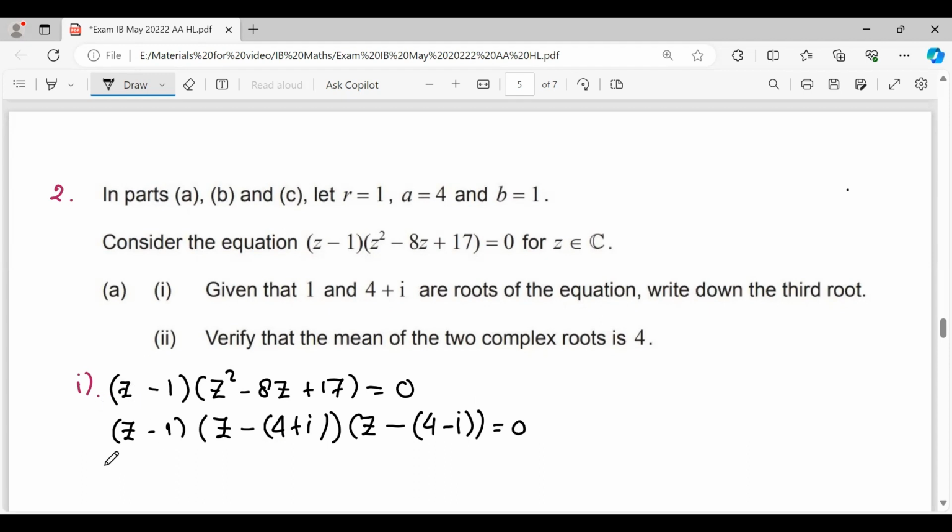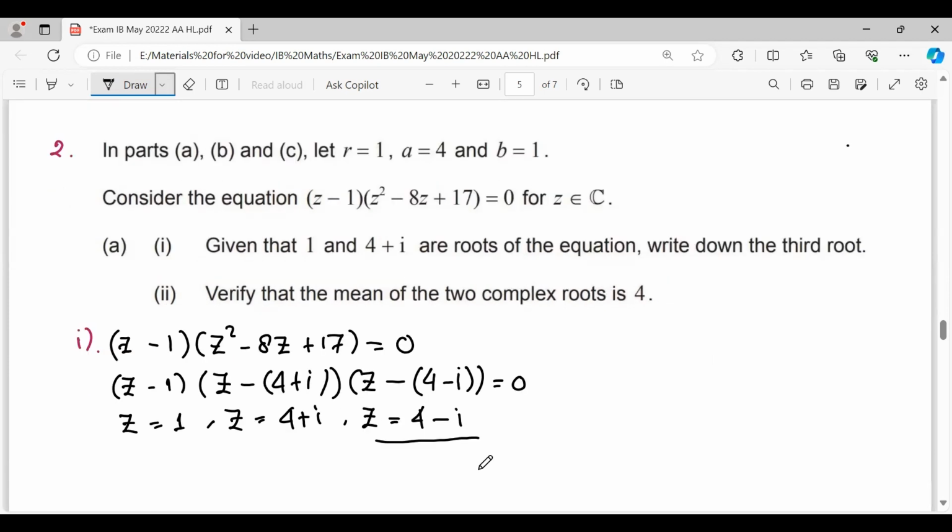So from this factorization we can state that z equals 1, and then z equals 4 plus i and z equals 4 minus i. So the third root is this one, z equals 4 minus i.